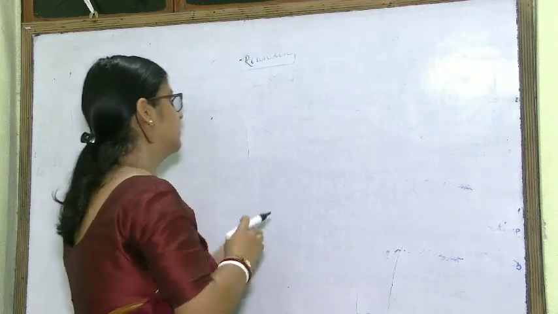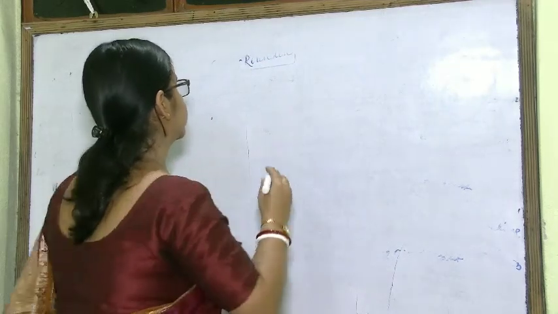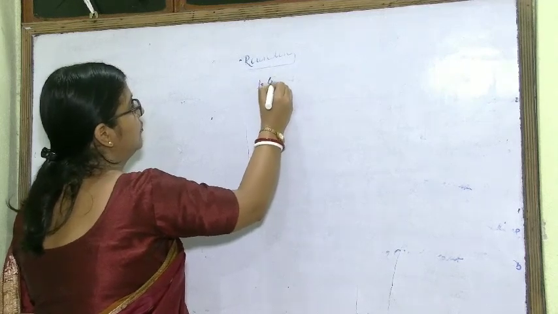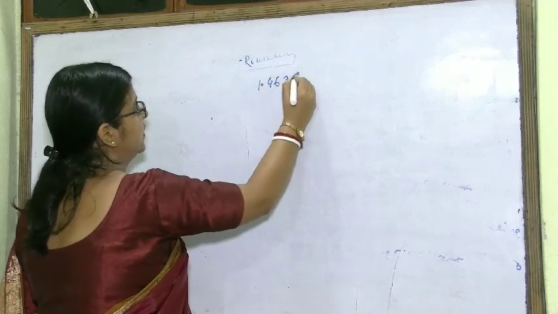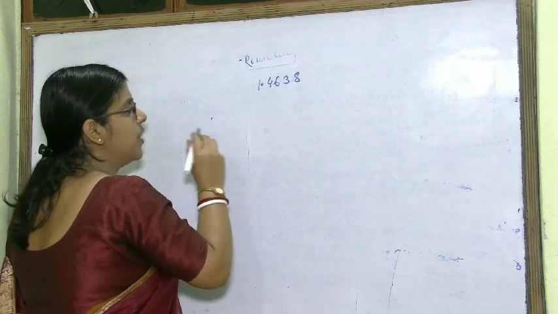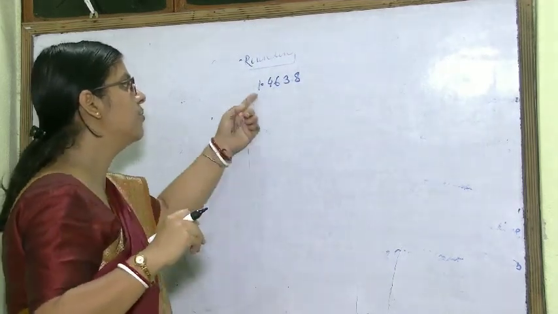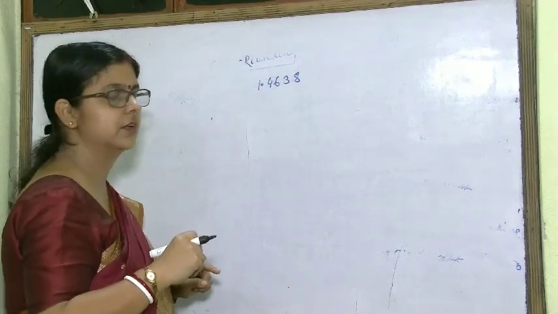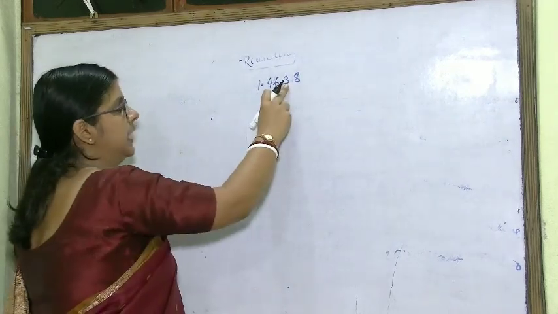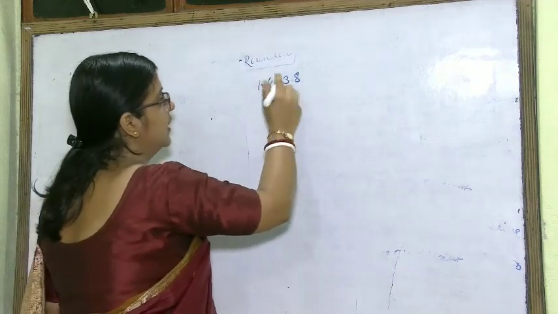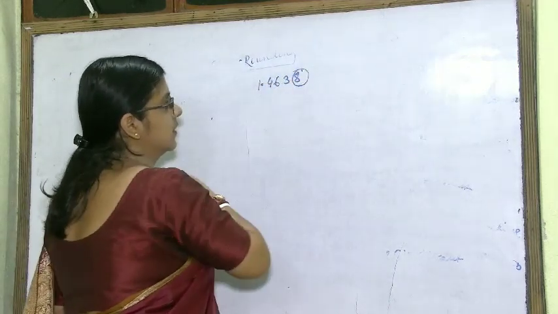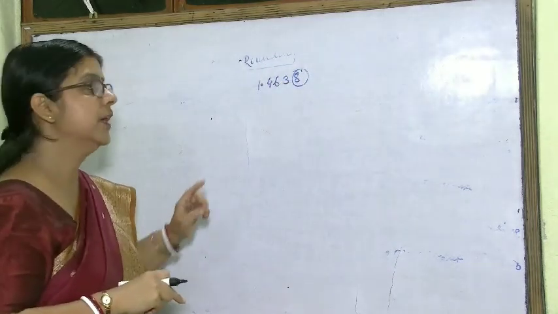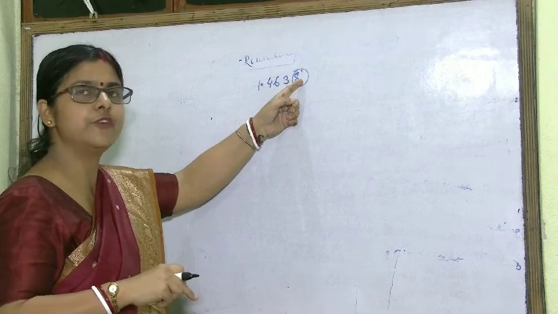I am giving an example. See, rounding off. Suppose you are given 1.4638. If you are asked to round off to 4 significant figures, then the digit which is to be dropped, you will see that this number is more than 5.